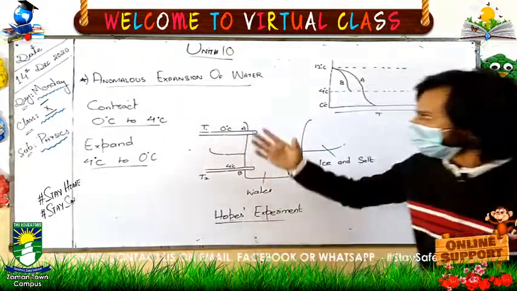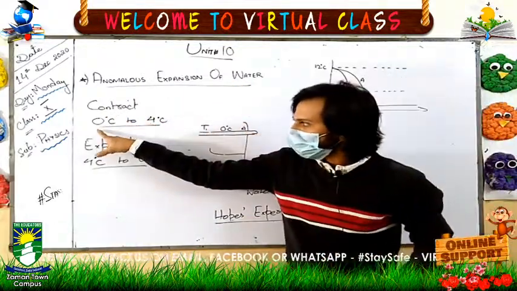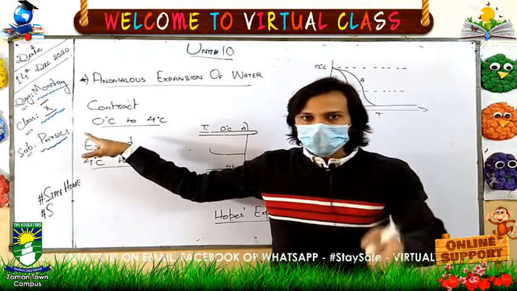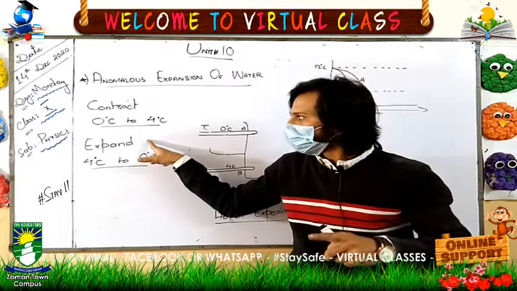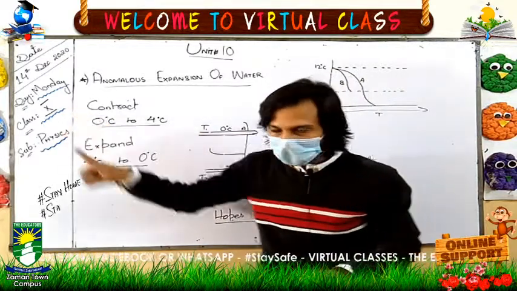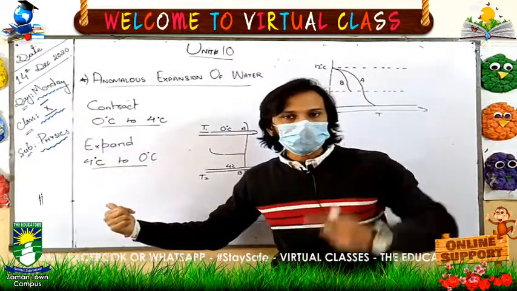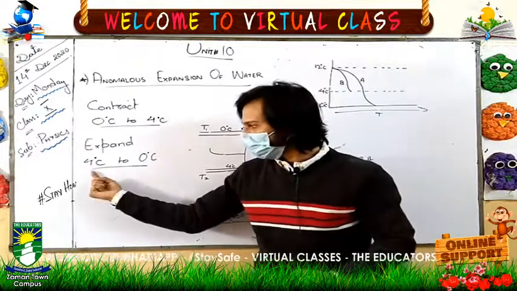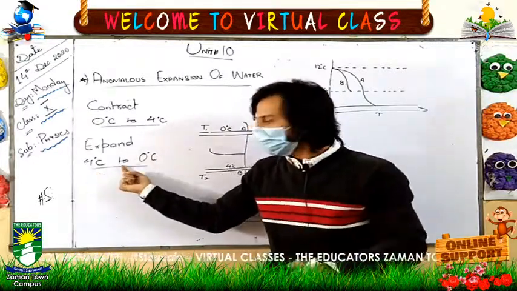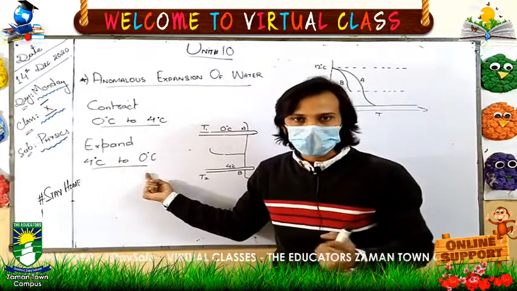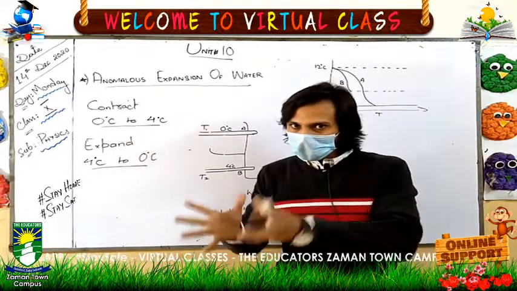We can find out that when we heat water from 0 degrees centigrade to 4 degrees centigrade, what will happen? It will contract. Okay, when we fall the temperature of water from 4 degrees centigrade to 0 degrees centigrade, it will expand. What is the normal behavior?